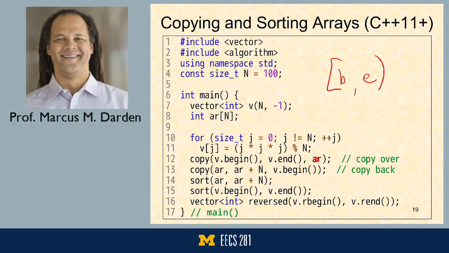And the thing that the STL generic function copy works with is, as long as you give me something that looks like an iterator. An iterator can be compared because I need to know if my data is done by saying is begin equal to end if I reach the end. So I need to be able to compare them, I need to be able to increment them, and I need to be able to dereference them.